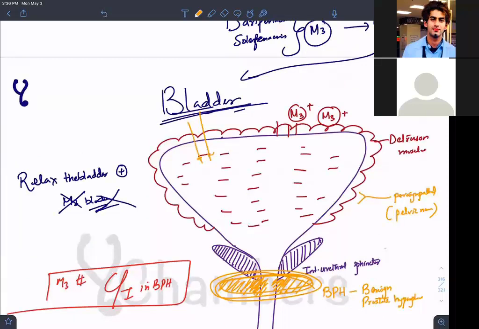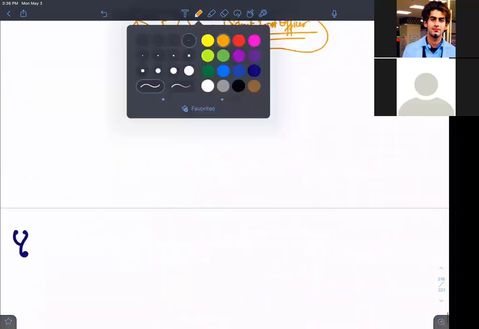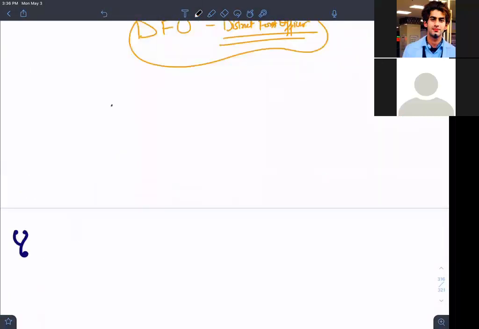But what if I already have a patient with urinary incontinence or detrusor instability, that's a beautiful concept, or the patient is having renal colic, or the patient is having what?